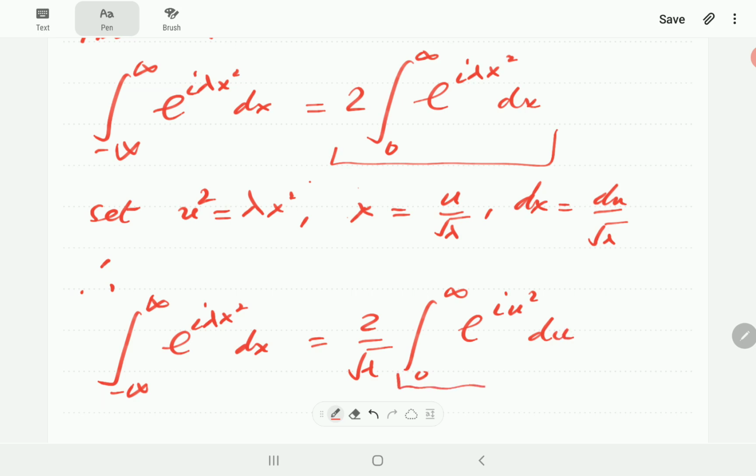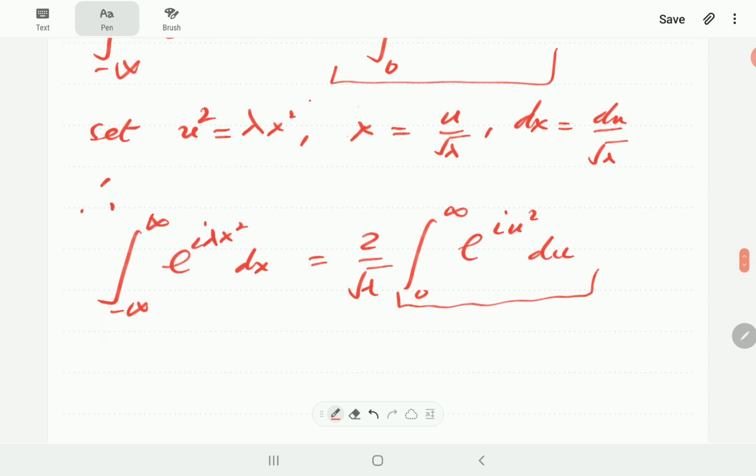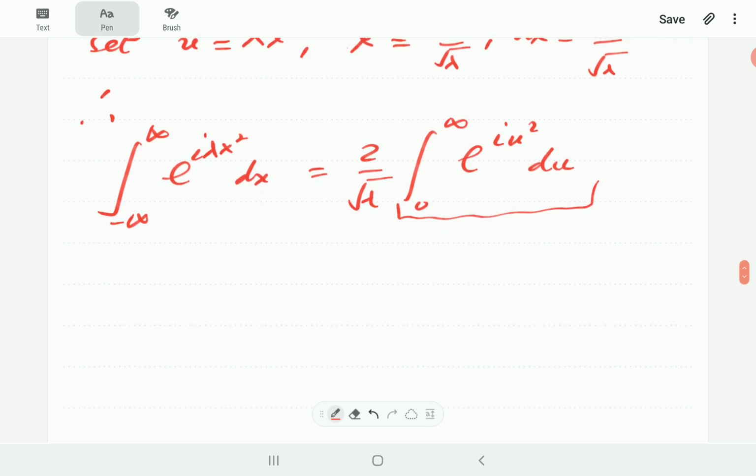Right, so this is now the integral we are going to work with. We are going to appeal to complex analysis to work this integral out.